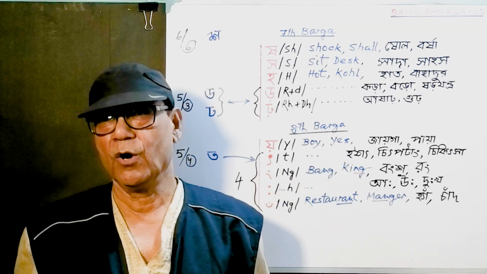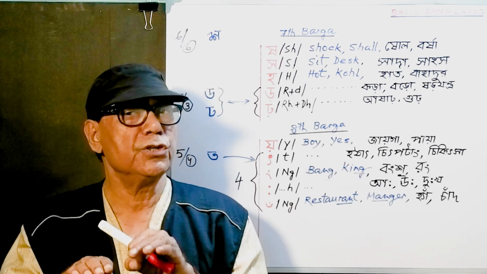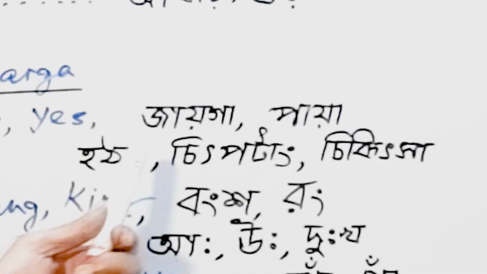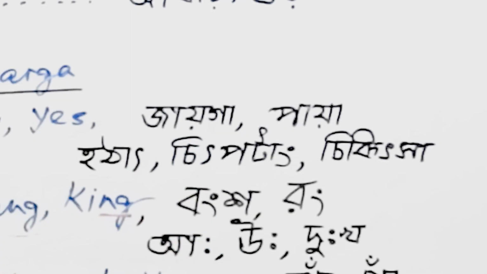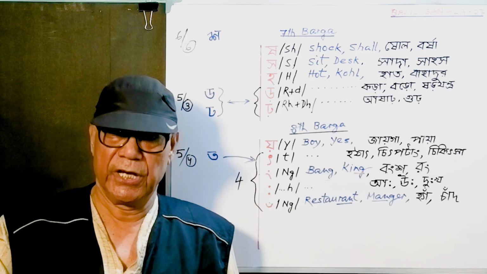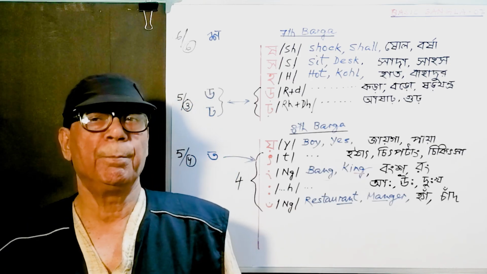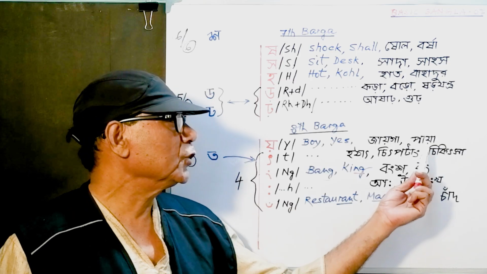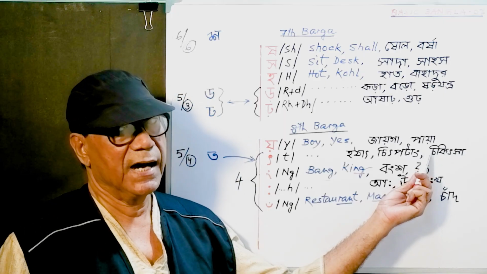In Bengali this is called Antastha Ya. And Jaiga means place. And Paya. Paya means leg of a chair. So there is that Antastha Ya sound in Paya.